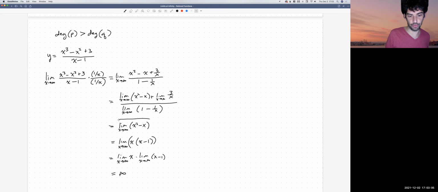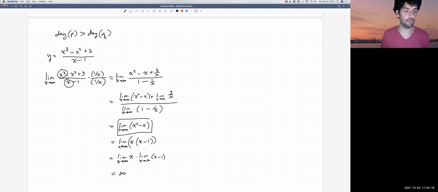We had the limit of x squared minus x, right? And this looks a lot like the quotient of these first two terms, okay? And that is going to be the case, right? That the quotient of those first two terms tells us a lot about what this thing looks like.